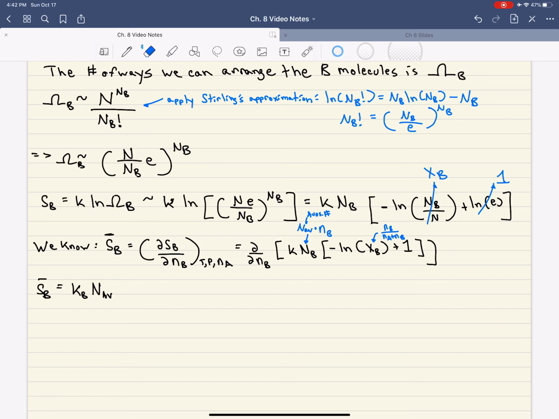So let's perform the derivative, and here's the result that we get. Minus ln of xb plus 1, and then plus nb minus 1 over nb plus 1 over nA plus nb.